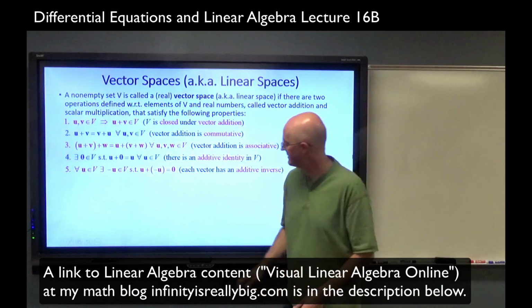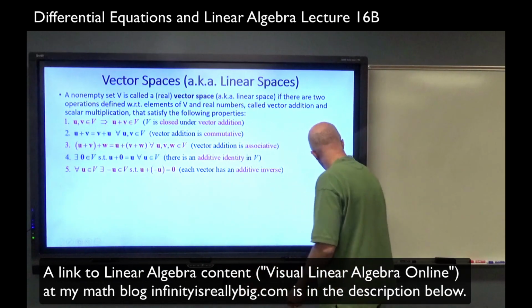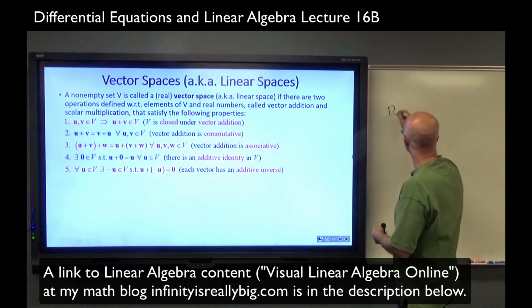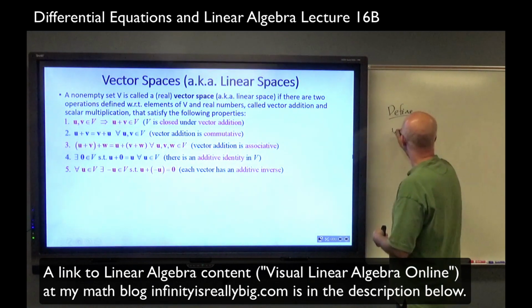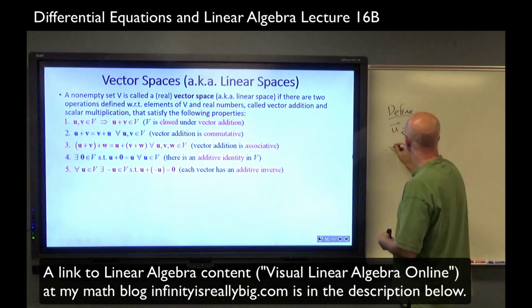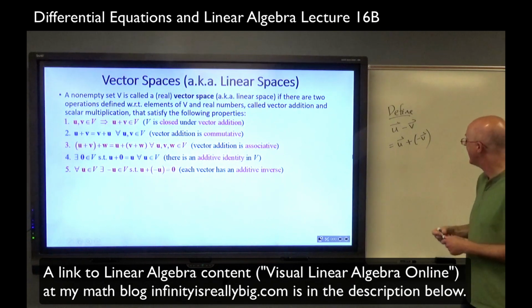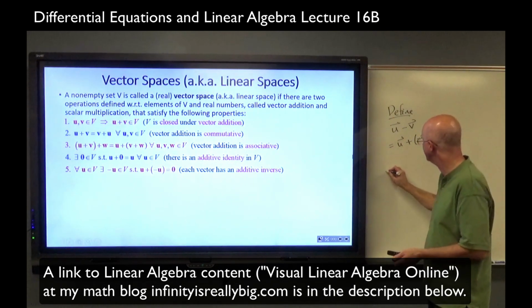This does allow us to define vector subtraction if we want, and we do want, though it's not on these slides. We define u minus v to be u plus the additive inverse of v. That's the definition of vector subtraction. And notice it would mean vector subtraction is not commutative.